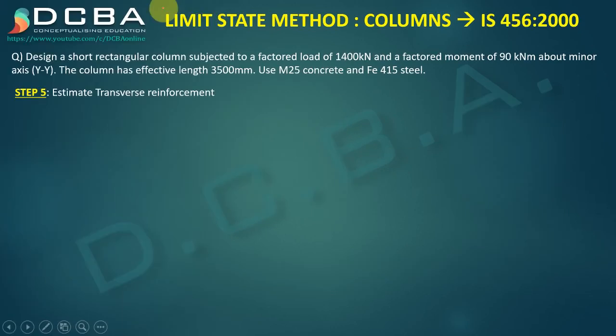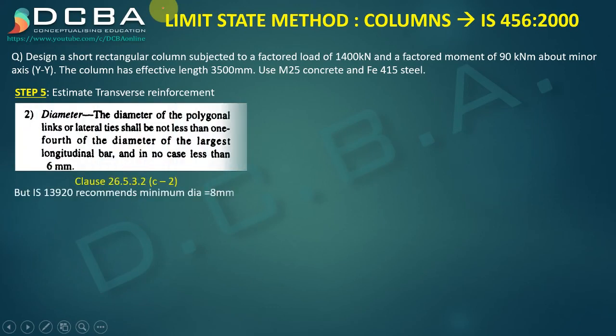Step 5 is to estimate the transverse reinforcement. This step remains the same as what we had done previously. The diameter has to be taken from clause 26.5.3.2, which says that the link dia should be greater than one fourth of the main bar dia, which is 20 by 4, equal to 5 mm. So it has to be greater than this, and minimum dia has to be 8 mm.